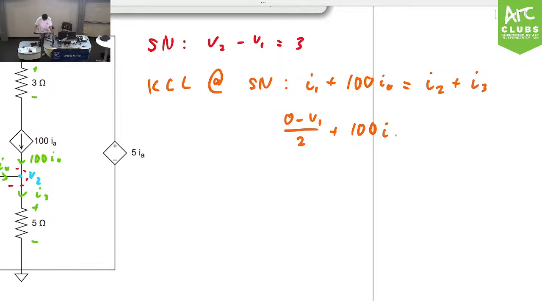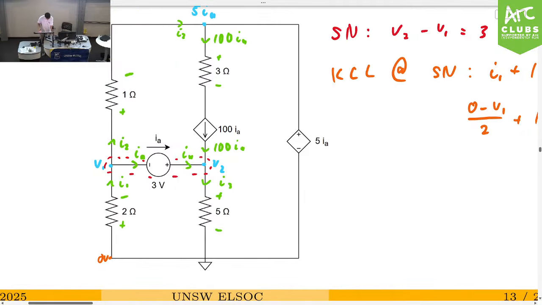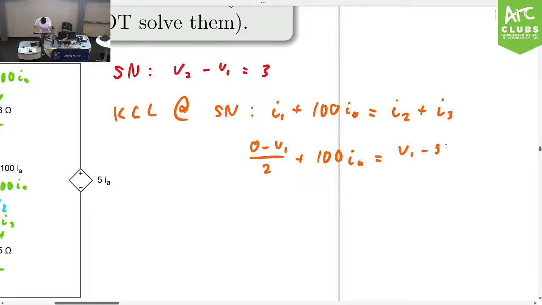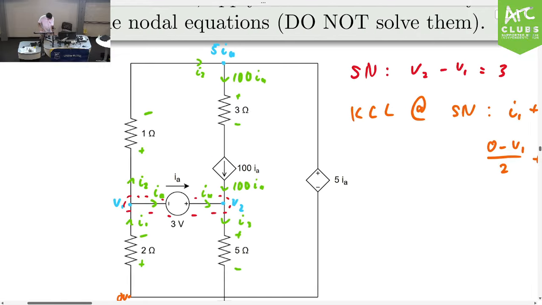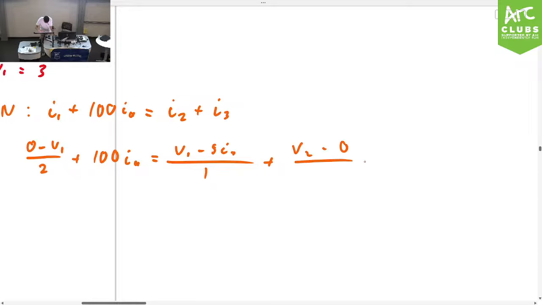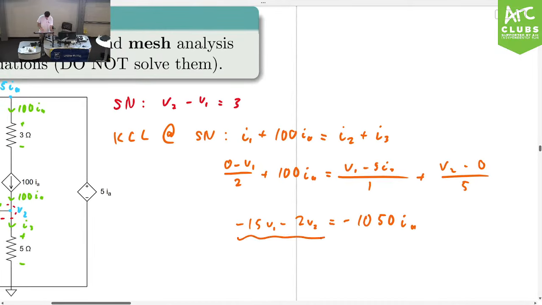We'll leave IA as it is. And then I2 would be V1 minus 5 IA over 1. And I3 would be V2 minus 0 over 5. Okay, if we simplify this, we should get minus 15 V1 minus 2 V2 is equal to negative 1050 IA. Okay, so that gives us one equation we can use.